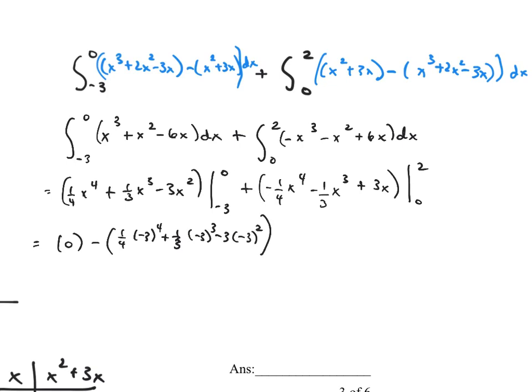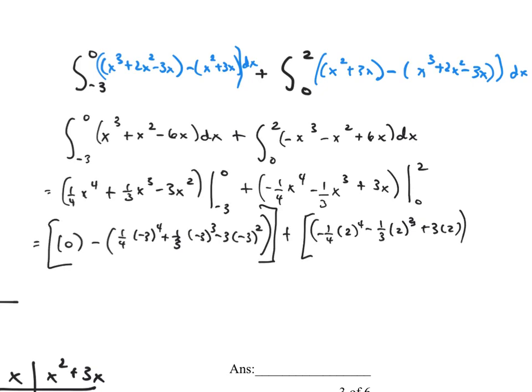That's what I'm getting when I evaluate that first integral. Plus, now I need to evaluate that second integral. So I'm going to have -1/4 times 2 to the 4th minus 1/3 times 2 cubed plus 3 times 2. That's what happens when I get that first number plugged in.